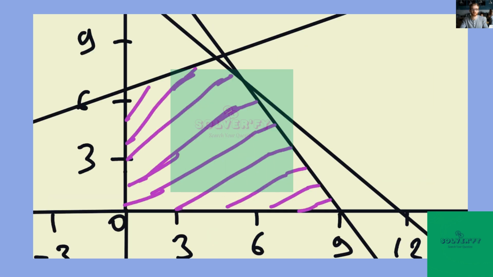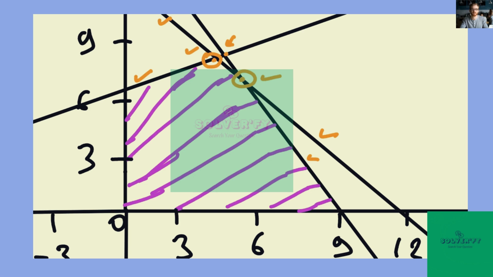After zooming in, we can clearly see that these two lines are intersecting at this point, and these two lines are intersecting at this point, and the third intersection is outside the visible region. So we will have to consider only these 2 points.